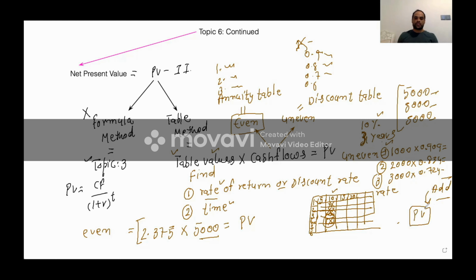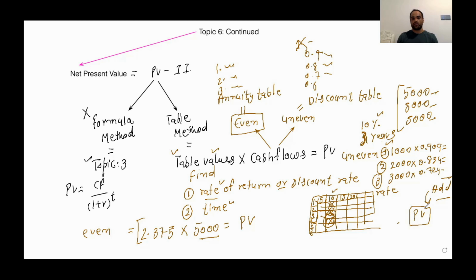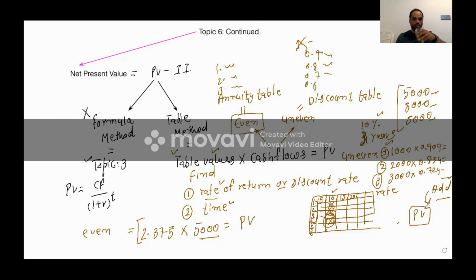So there are 2 different ways to calculate present value: if your cash flows are even and if your cash flows are uneven. Did you get the idea? Did you get the idea of how to calculate present value?